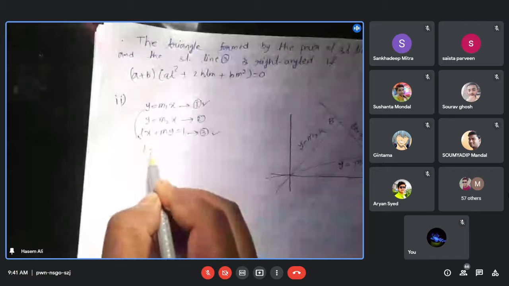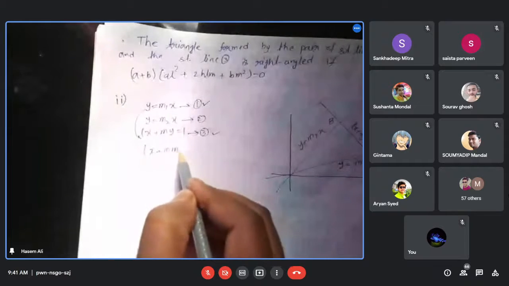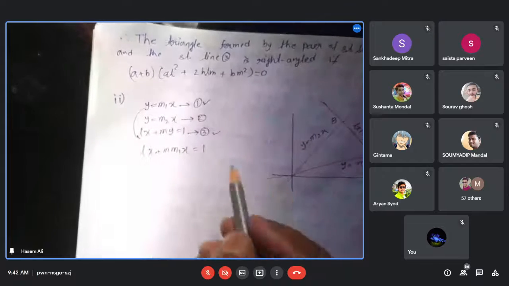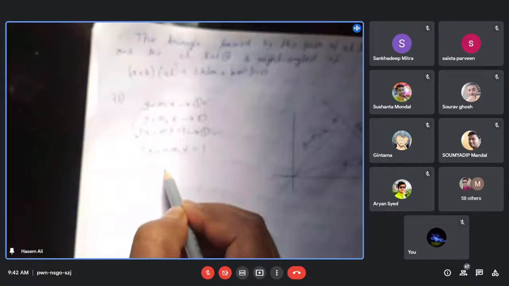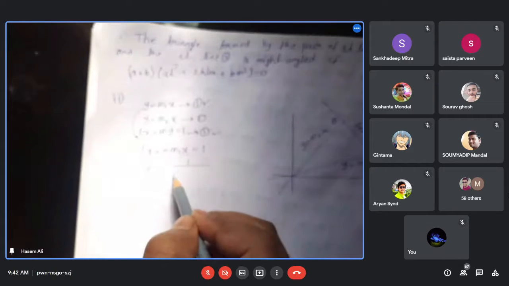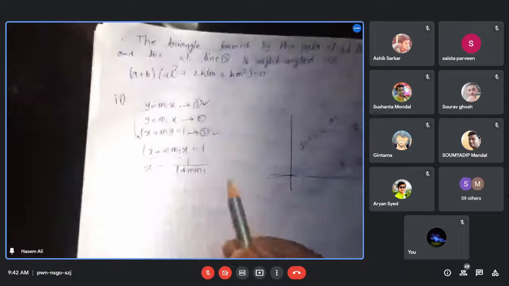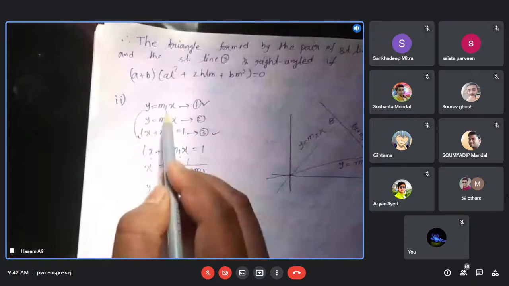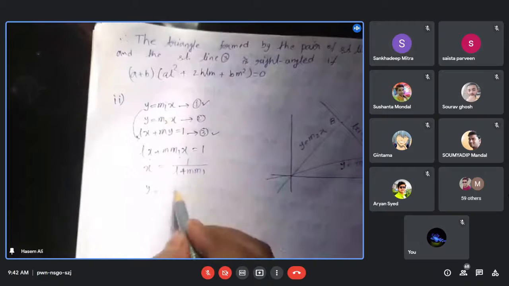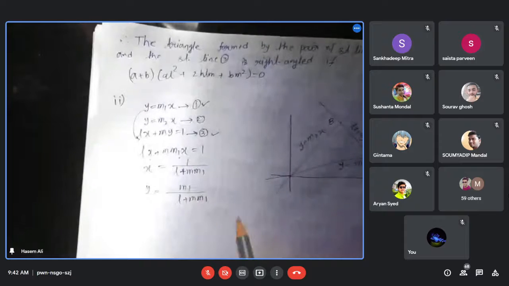Then we have Lx plus M1x equals 1. Then x equals 1 by L plus M1. Then y equals M1x, that means M1 by L plus M1.